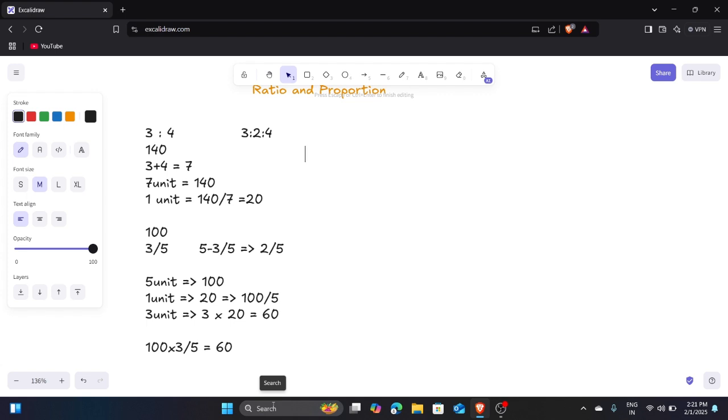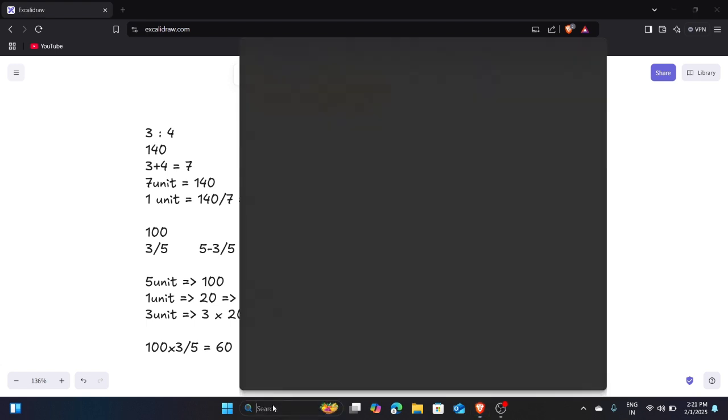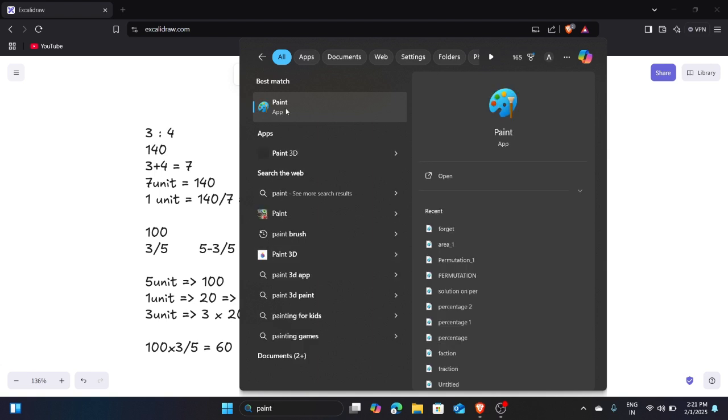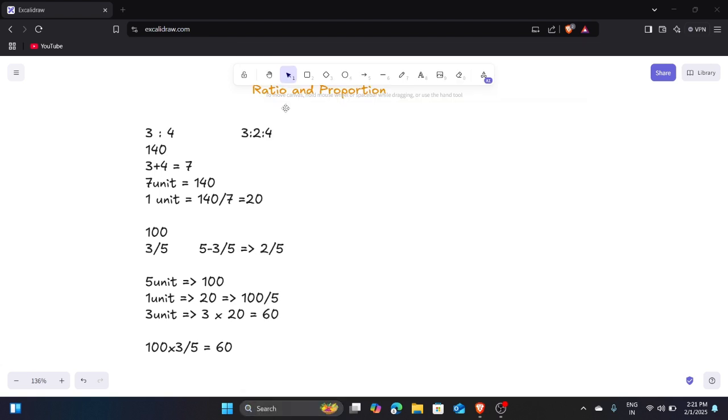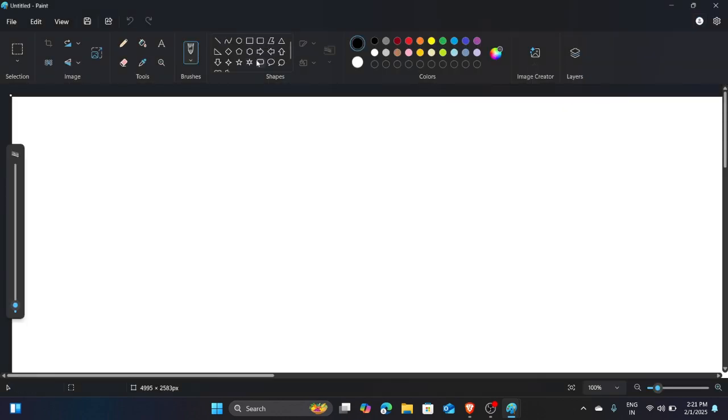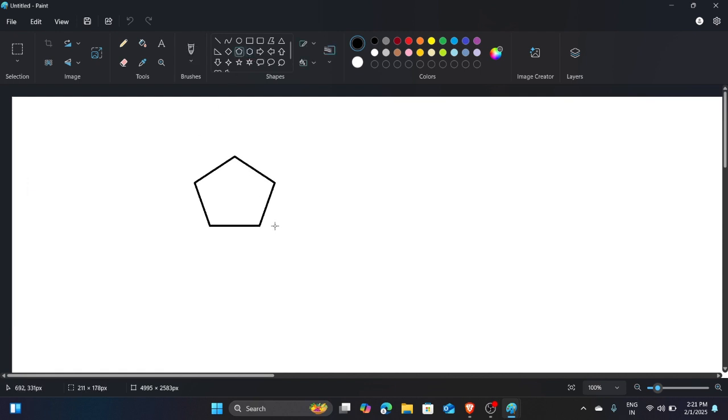So I will show you one thing here with the paintbrush. Suppose this is the portion.